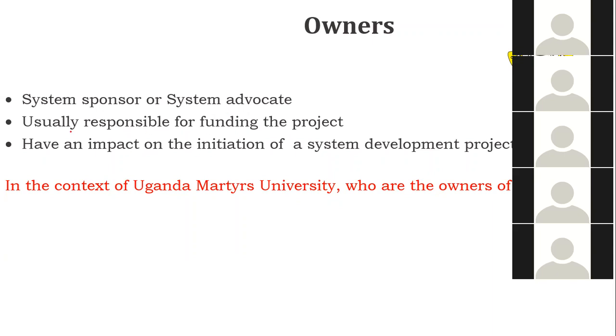The person who is usually responsible for funding the project. So the owner has a really significant impact on the initiation of a system development project. We shall also look at some cases from literature and see the impact of owners of systems.